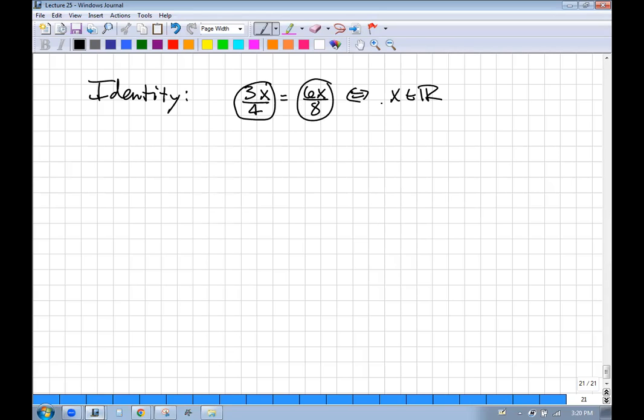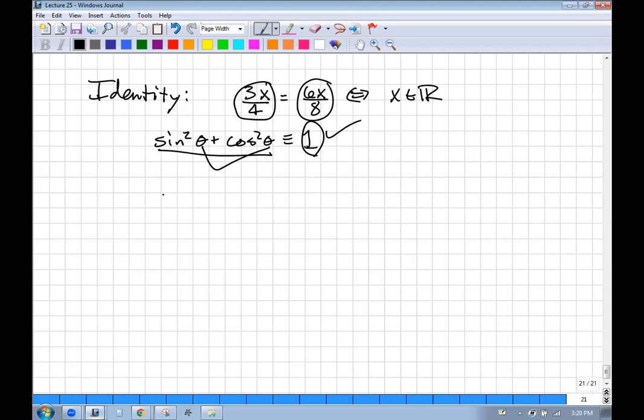Of course, later on, like when you get into pre-cal, you'll be able to replace sine squared theta plus cosine squared theta with the number 1, no matter what number theta is. For any number theta, this is always equal to the number 1. So that's a trigonometric identity, right? And there will be a lot of them.